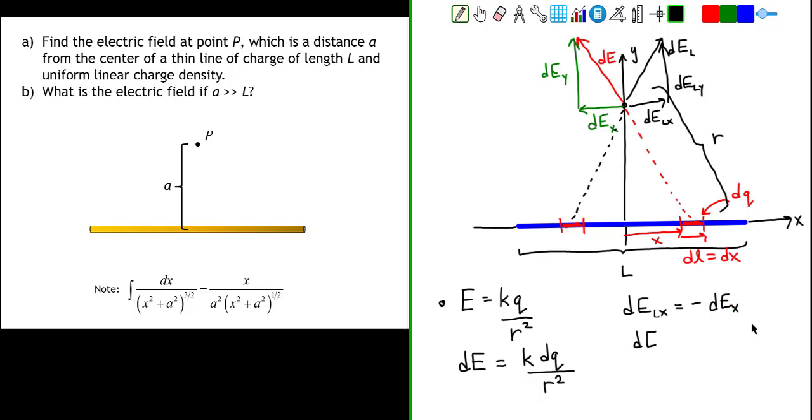What this means is the electric field due to the pair of charges along the x-axis will sum to 0. In other words, we don't have to calculate an x component of the electric field because the x component ends up being 0. There's only a y component.